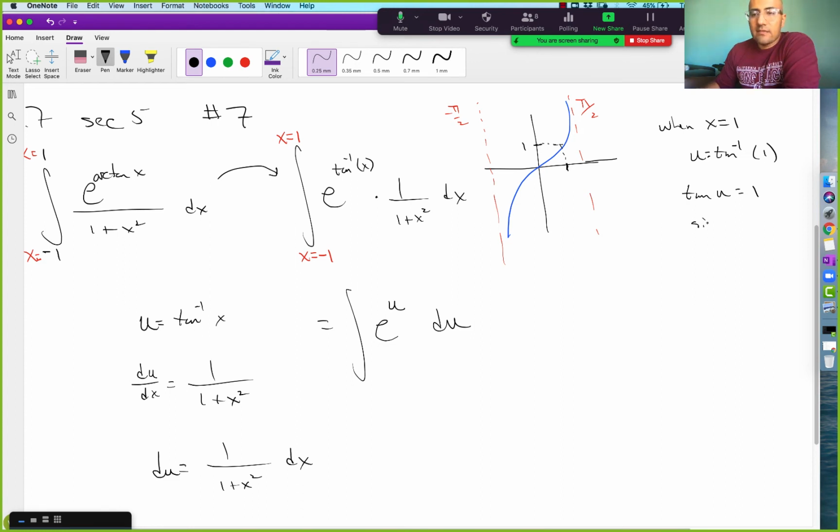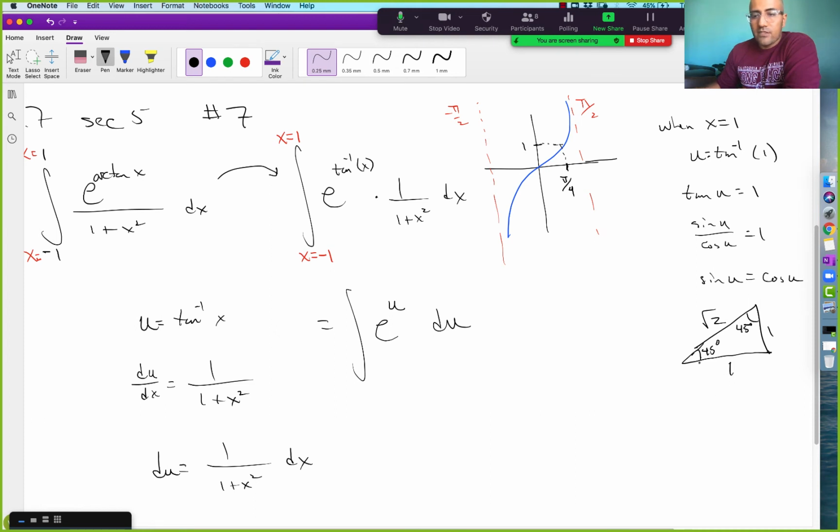If you think about this as sine of u over cosine of u equals 1, this must be the case when sine of u equals cosine of u. When are they equal to each other? That's just at Pi over 4. It's one of our standard triangles. Pi over 4 is 45 degrees. So when this is 45 degrees and this one is 45 degrees, you know that this is 1, this is 1, this is root 2.